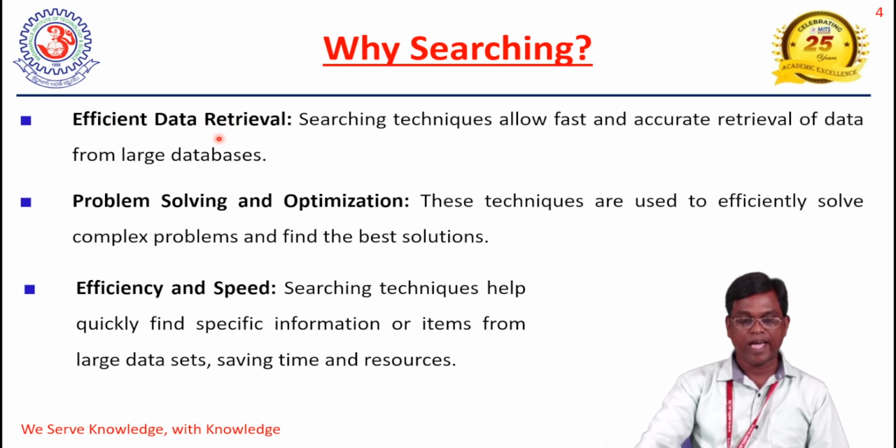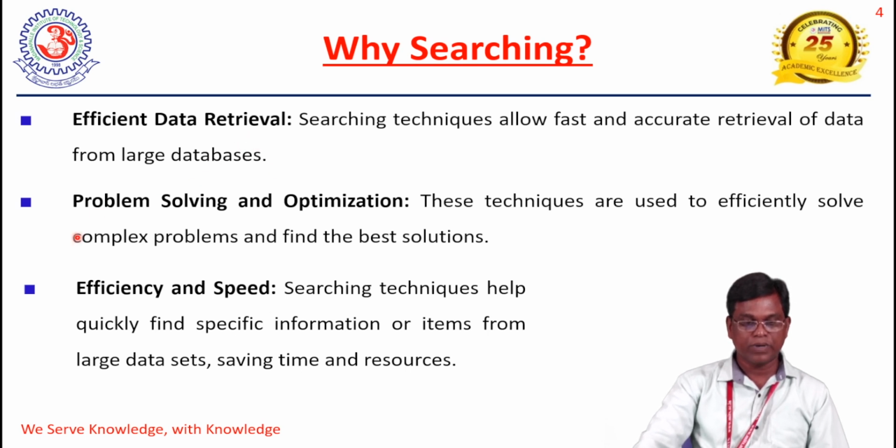Whenever we have large volumes of data, if I want to search for a particular record or value, the normal way will take a large amount of time. But if you follow a particular searching technique, the process will be done within a short amount of time.